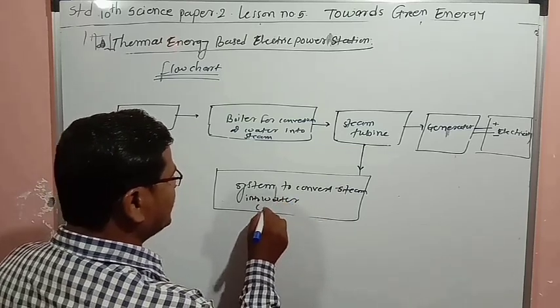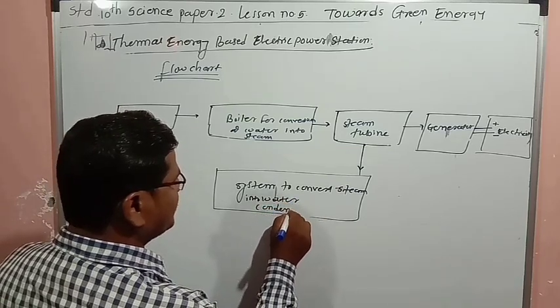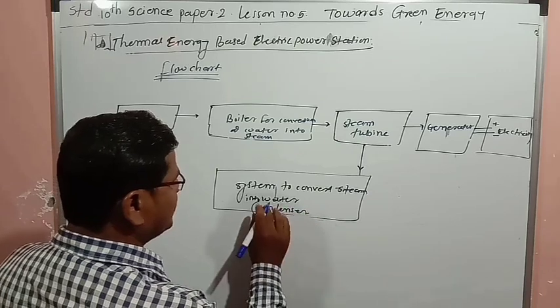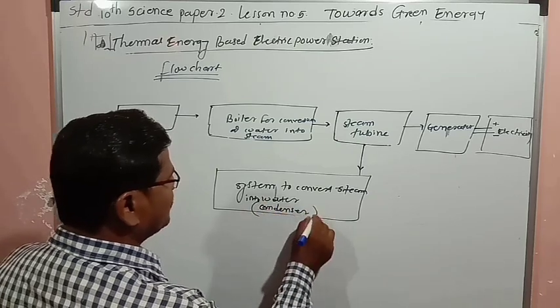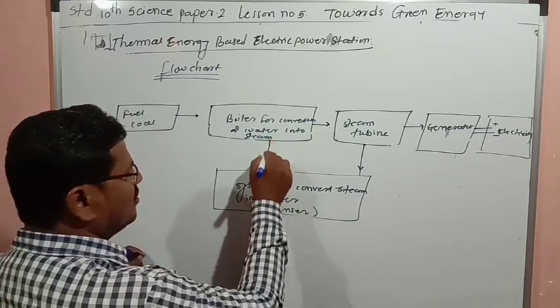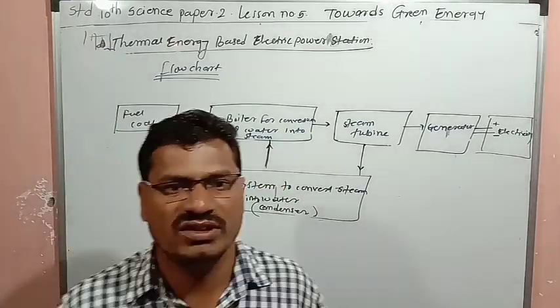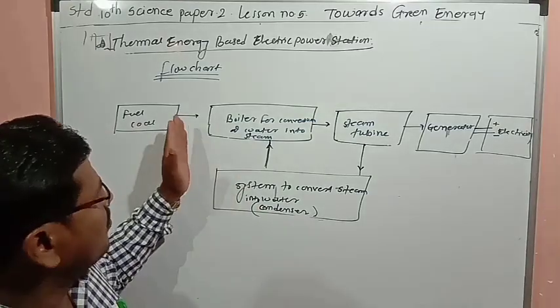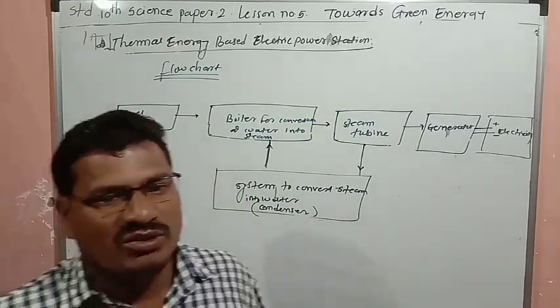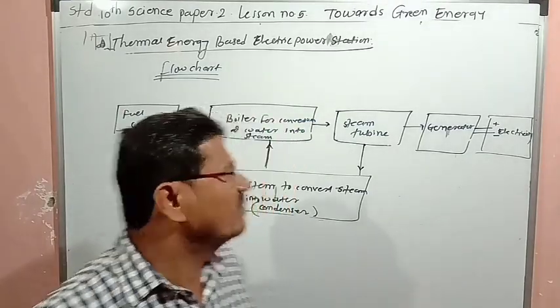That means you can say condenser. The condenser converts steam into water, and that cooled water is again reinfused into the boiler. This is the flow chart or block diagram of that particular thermal power plant.